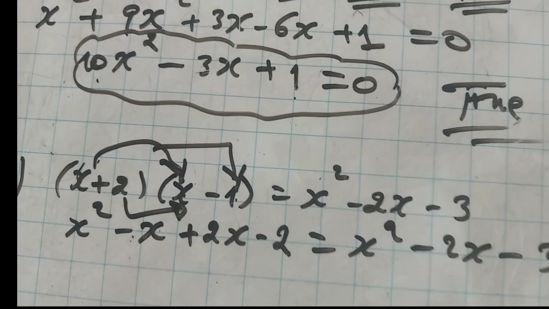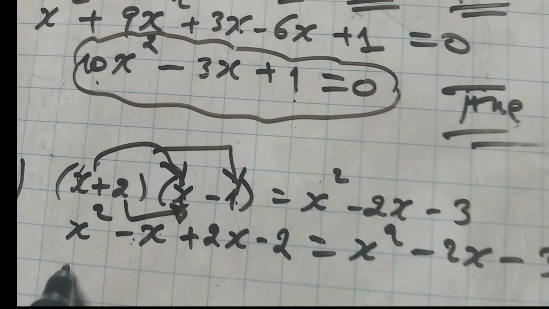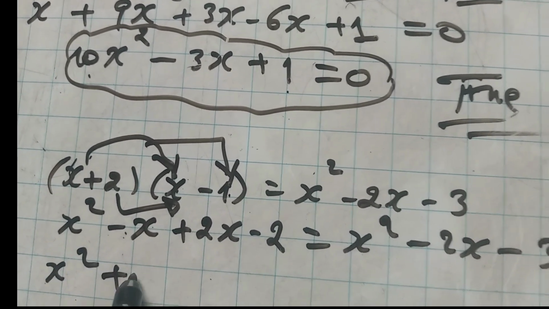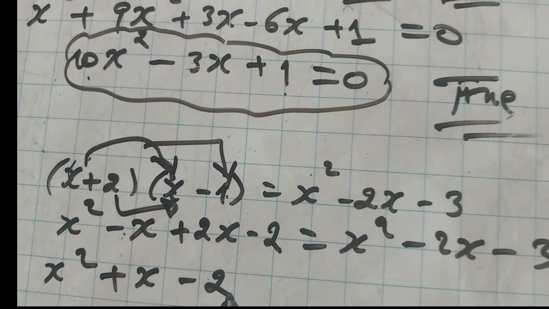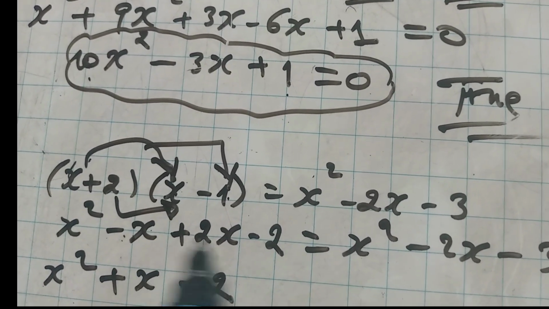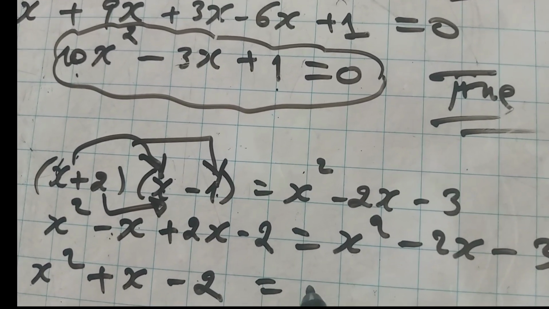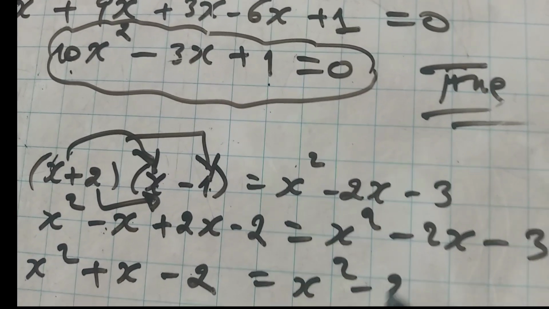Now here I have x squared plus x minus 2, which is equal to x squared minus 2x minus 3.